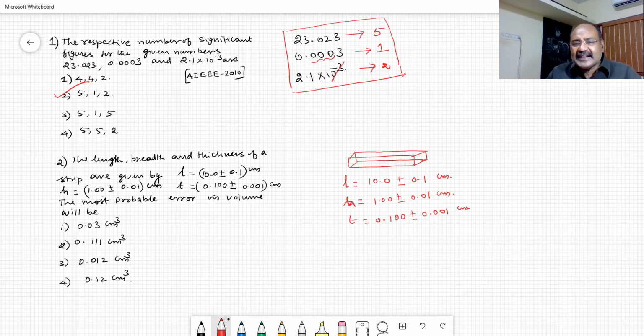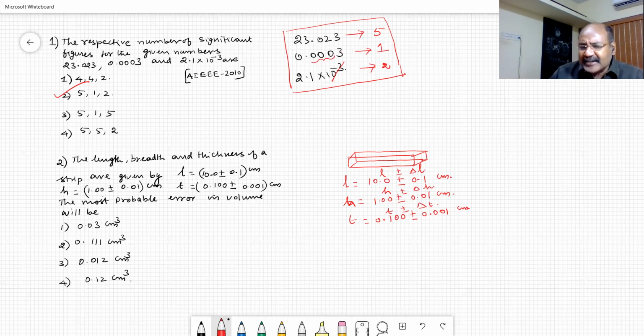If it is given as L, then this represents L plus or minus delta L. Similarly, H, we can write H plus or minus delta H. Similarly, the thickness T plus or minus the change in thickness delta T.